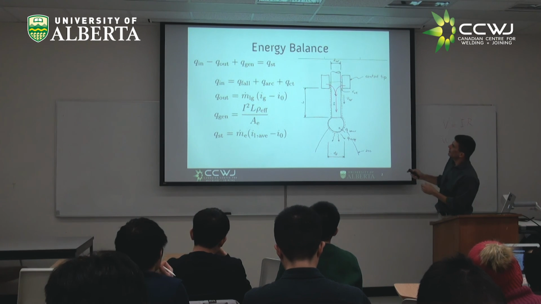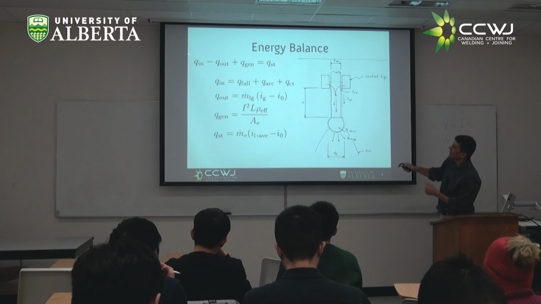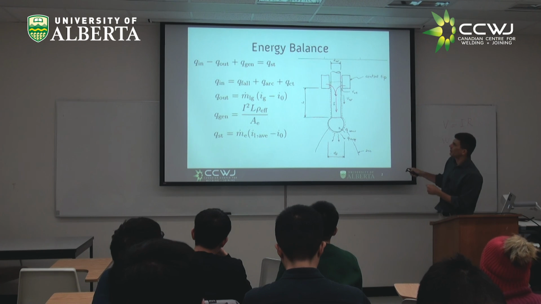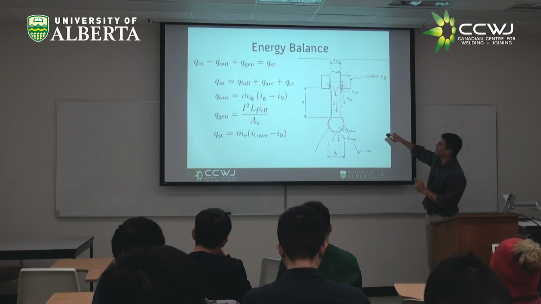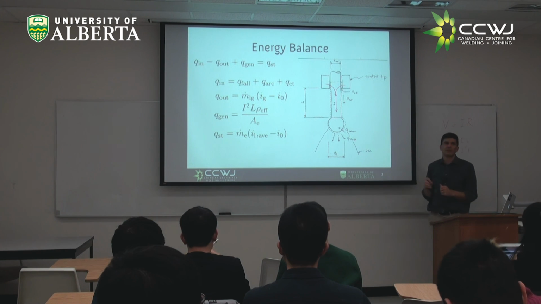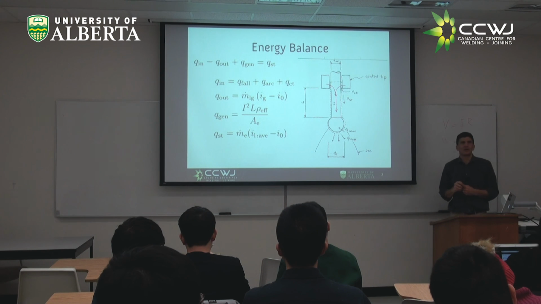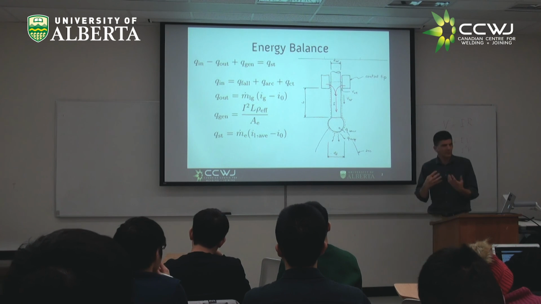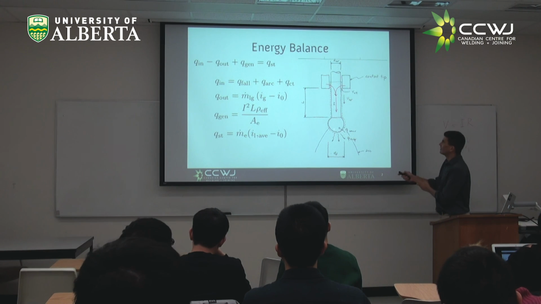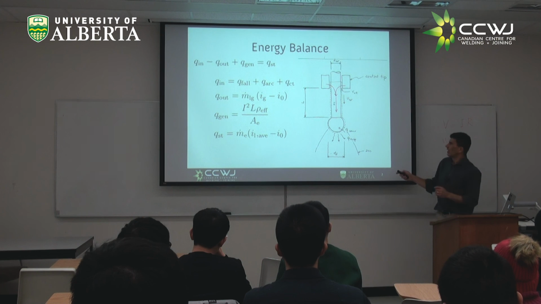So Q in is the heat that comes in, out is the heat that comes out through this control volume. Heat generated is what is generated inside. Heat stored is what is stored in there. Okay, so heat in. What heat comes into the electrode? In MIG typically it's the anode fall, but could be a cathode fall, right?